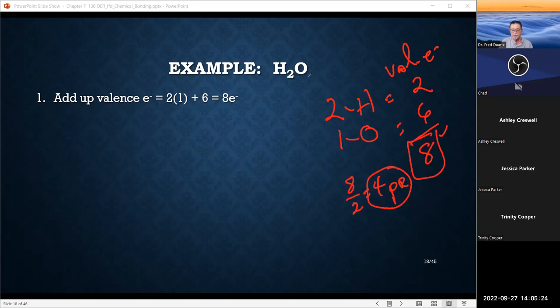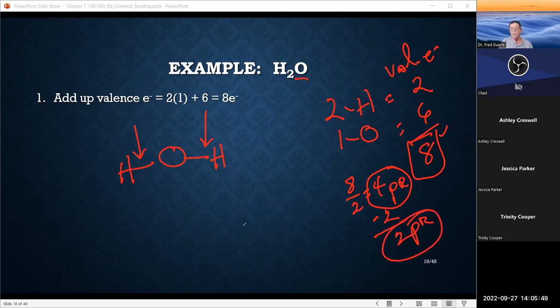So oxygen is the central atom. We can very quickly write oxygen and then draw a line to each of the hydrogens. Okay, so that took care of 2 pairs, here and here. We have 4 pairs to work with, so I subtract the 2 pairs I just used up, leaving me with 2 pairs to put someplace, right?